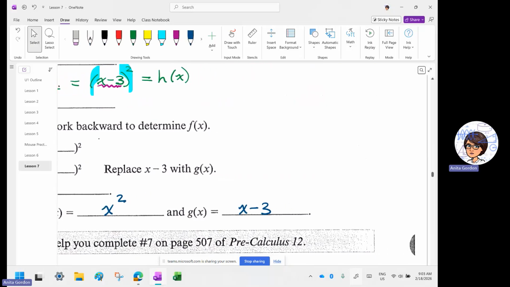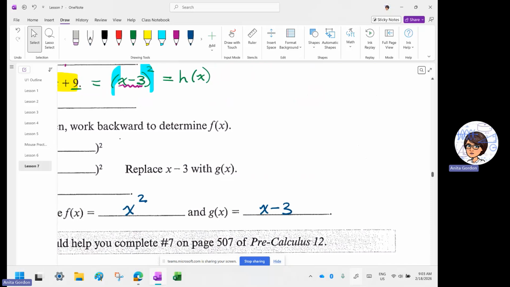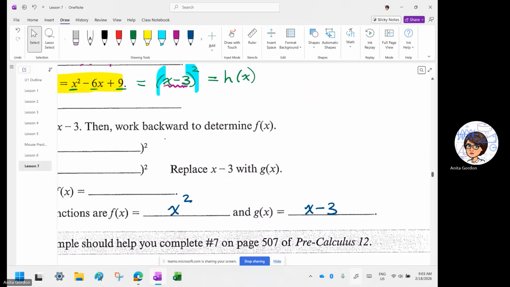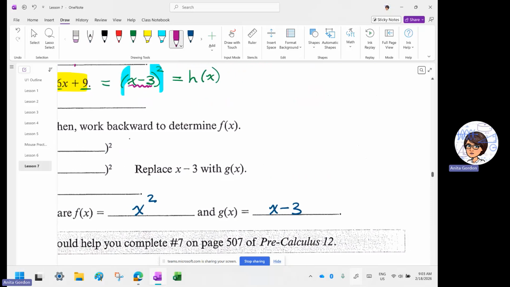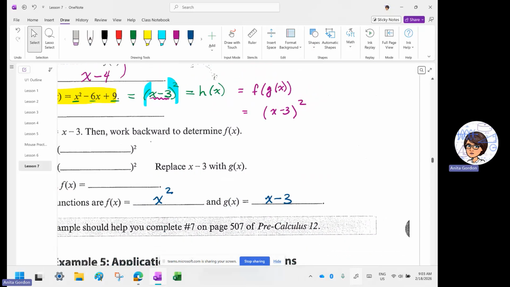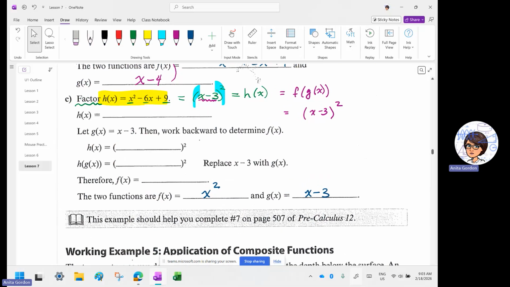Okay, so we have a linear inside of a quadratic. That is how I got that composition, right? So this is f of g of x. So f is something squared, g is the linear. There we go. So we ended up with what we started.